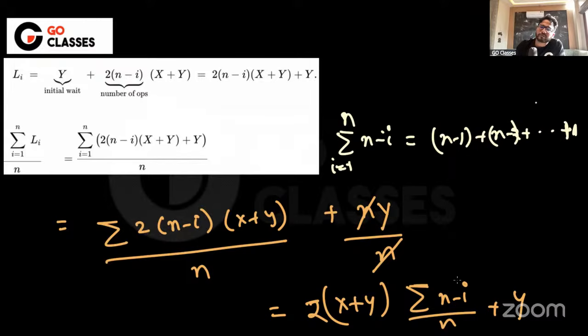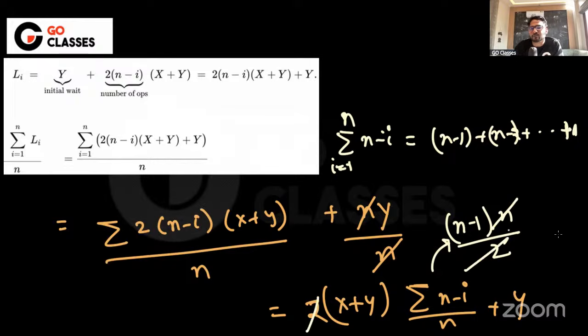So it is just the summation of 1 to n minus 1. If it is 1 to n, then it is n into (n plus 1) by 2, here it is n into (n minus 1) by 2. This divided by n, which means n will get cancelled out, and this 2 will get cancelled out. This is (n minus 1)(x plus y) plus y.